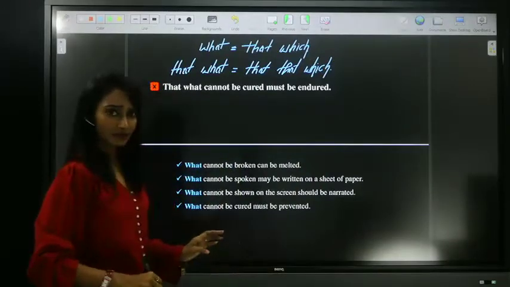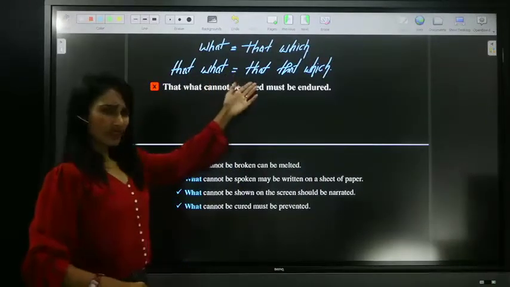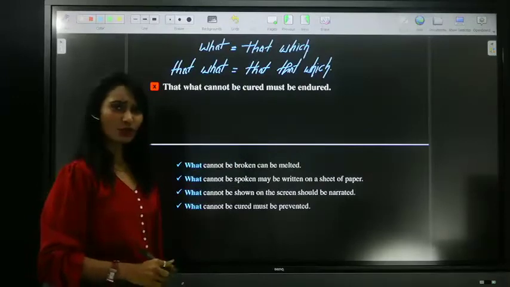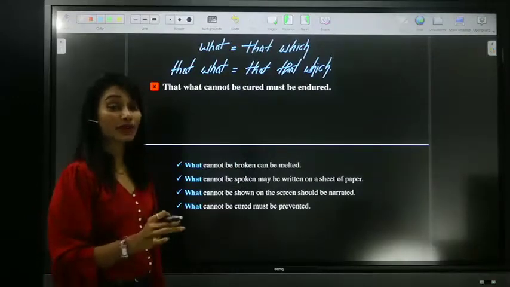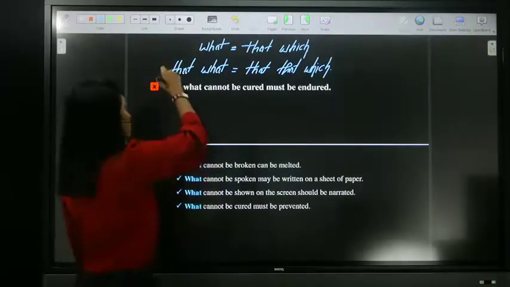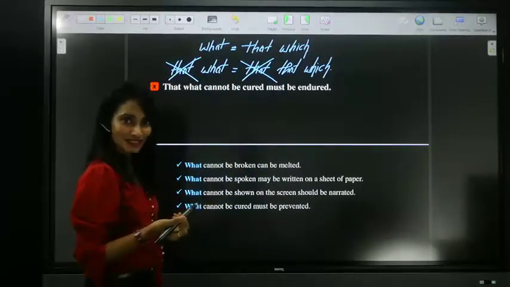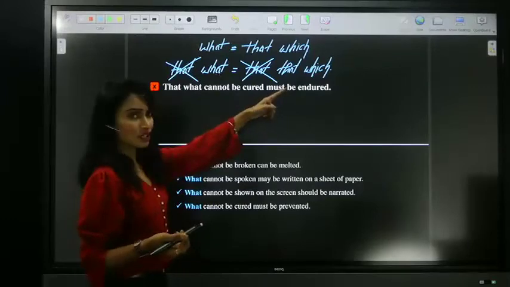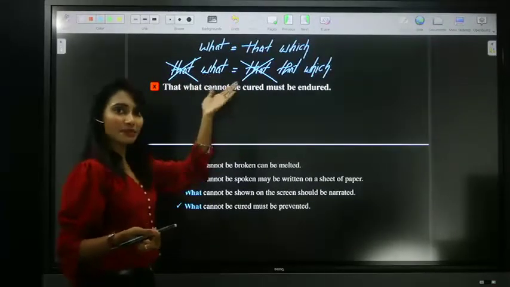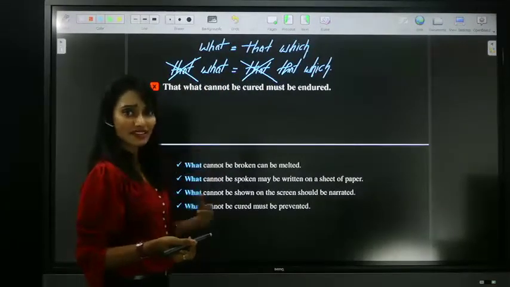Is that clear? No. Can we say that, that which? It looks absurd. It is redundant to use that. So remove this that. Now the answer is clear. So what means that which? If you say that what, it becomes that, that which, which is redundant.